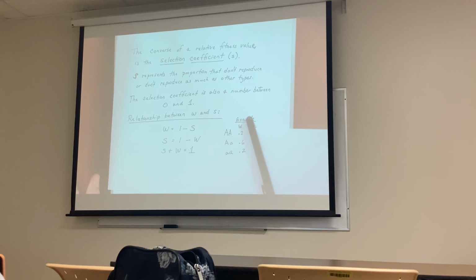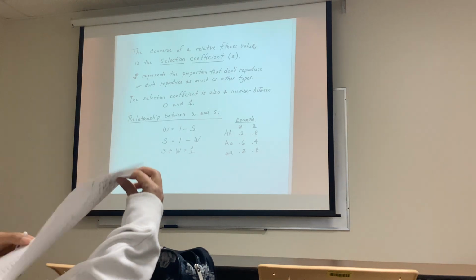What is the selection coefficient against big A, little a? 0.4. And against little a, little a, 0.8. Got it?